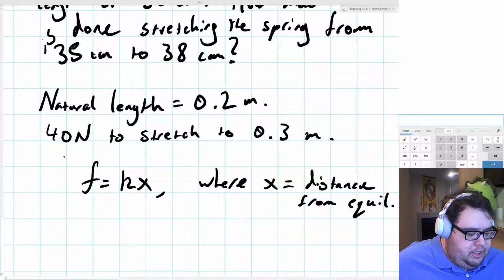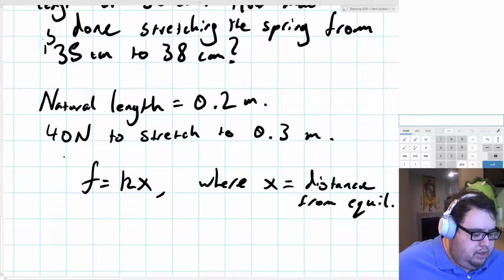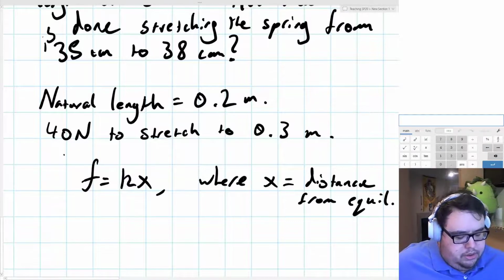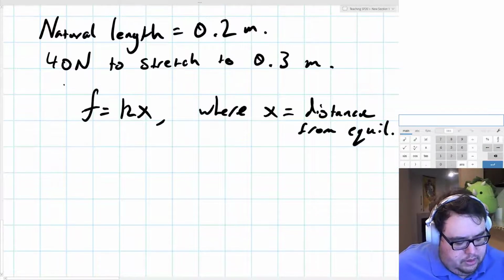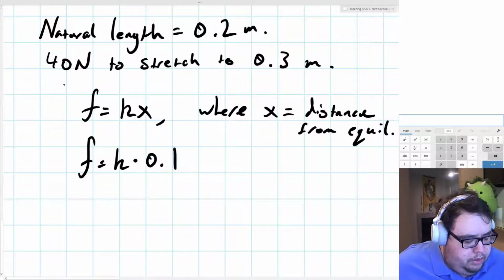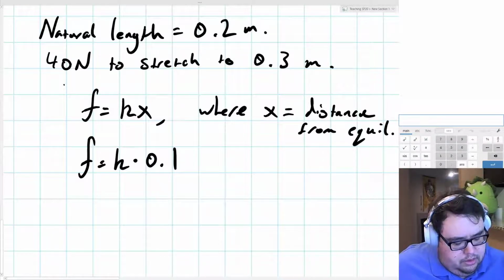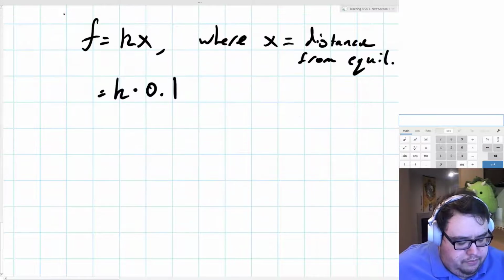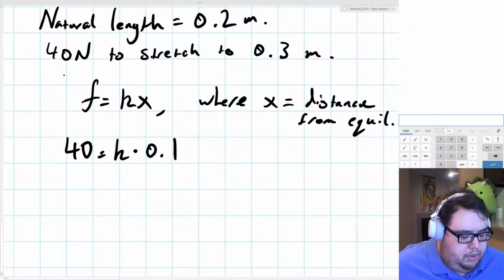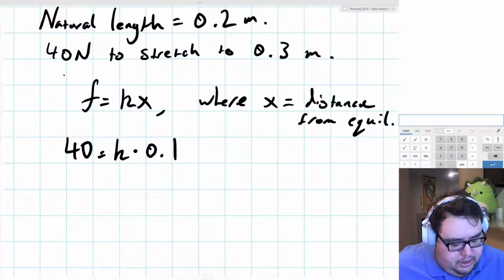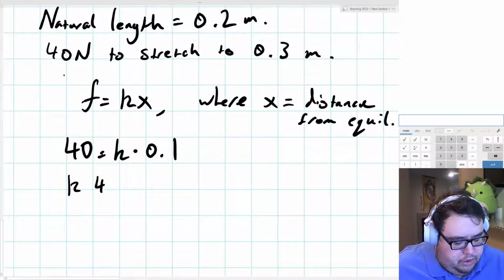Our value of x will be the distance from the natural length of 0.2 meters to 0.3 meters. So F will be k times 0.1. But F is 40, so 40 will be equal to k times 0.1. We can multiply both sides by 10 to get our k value of 400.